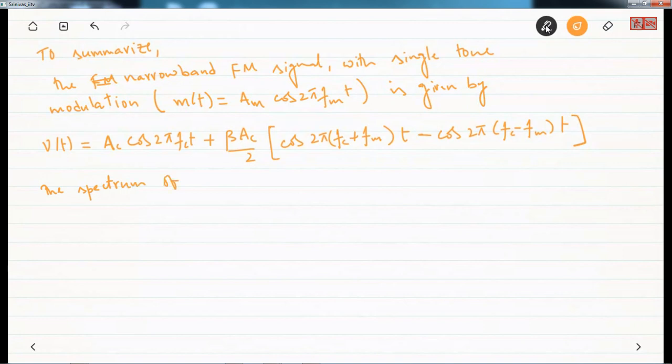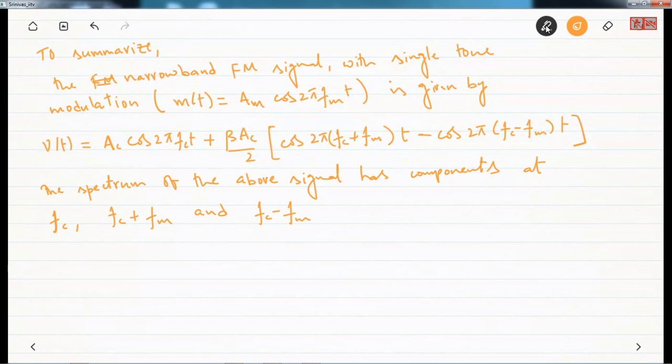The spectrum of the above signal has frequency components at fc, fc plus fm and fc minus fm. You need not even compare this with the AM signal.